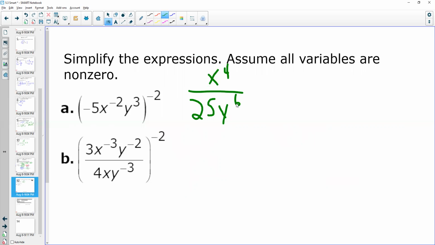And for B, it should be 4. Nope, it shouldn't. I lied. I'm not looking at the final answer. It should be 16x to the 8th over 9y squared. Okay, see what you can do. If you're stuck, please ask for help.